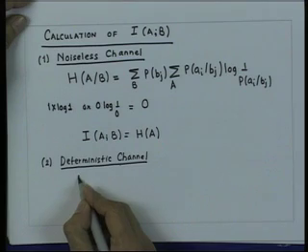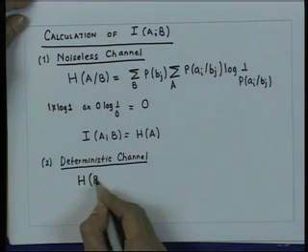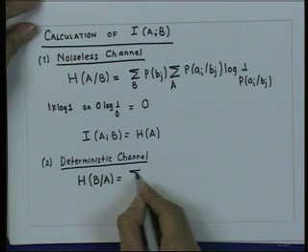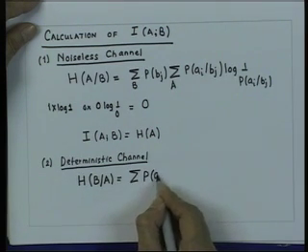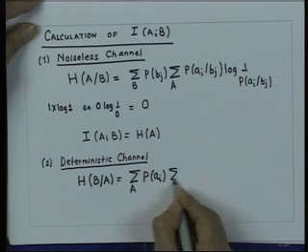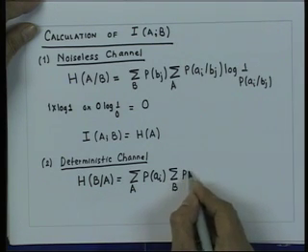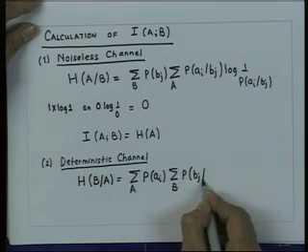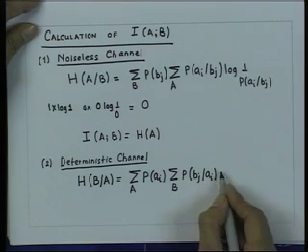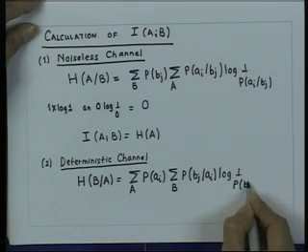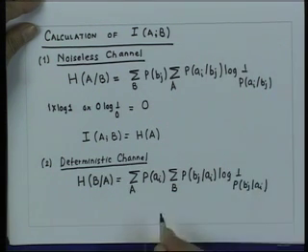Therefore, for this case H of B given A, which is of the form summation of P of A i, summation over B of probability of B j given A i log of 1 over probability of B j given A i.